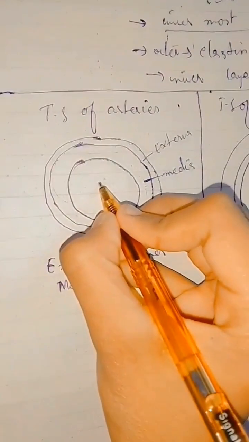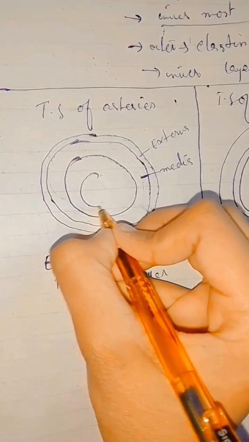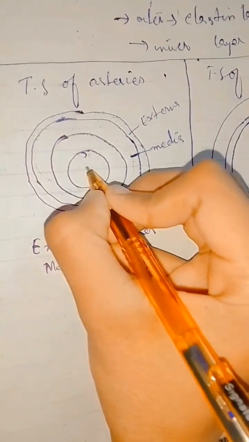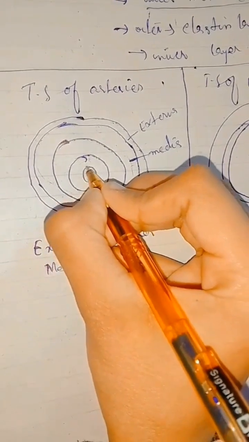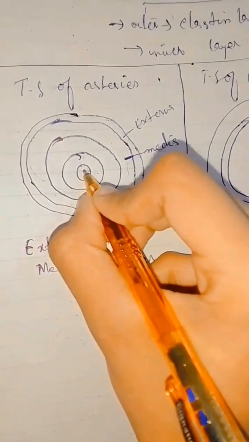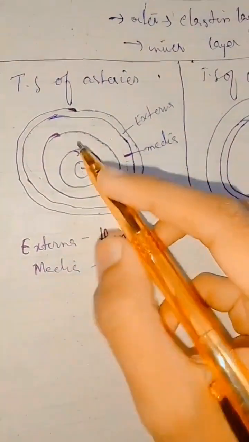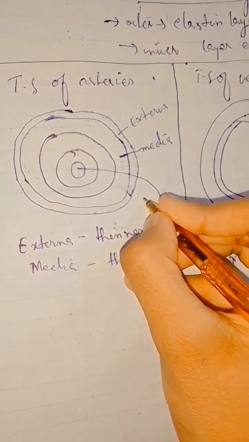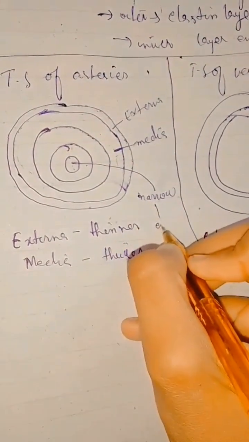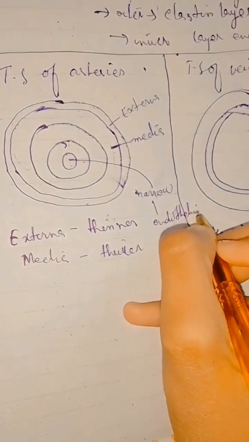Now the last layer, that is tunica interna. As I said, it is further divided into two layers: one is the elastin layer, and inside it is the endothelium layer.